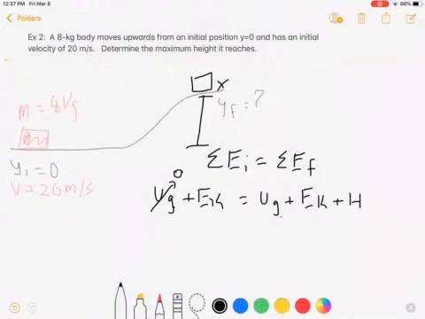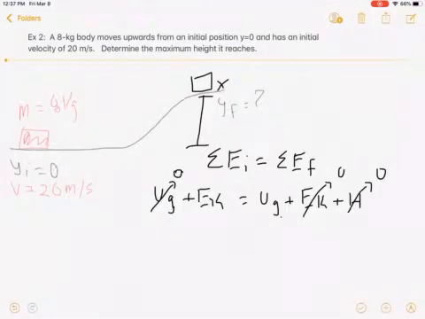We assume that at the top of the incline it will have no velocity, so our kinetic energy will be 0. We also know nothing about friction, so we assume there is no thermal energy in this situation.